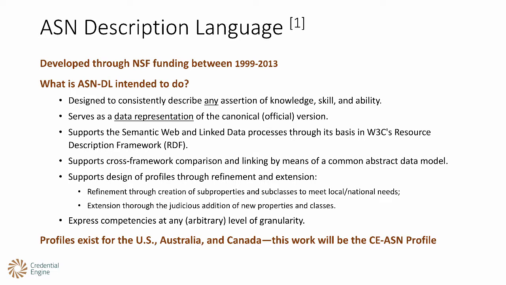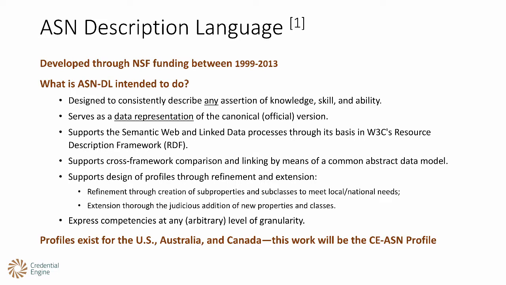So it's extensible. It also can express competencies at any arbitrary level of granularity. And by that I mean competency frameworks, though they're frequently graph structures, are expressed as hierarchies.